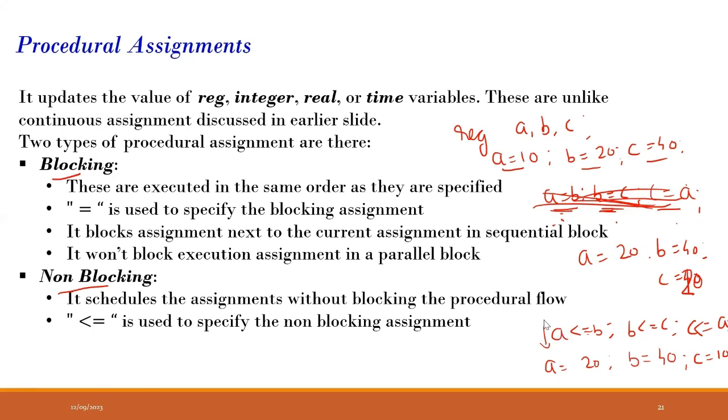If the code contains a mix of blocking and non-blocking lines, say A equal to B is the first line, then A less than or equal to B, then C equal to B, that is my case. But you have given it in that sequence, so it will occur in that sequence only.